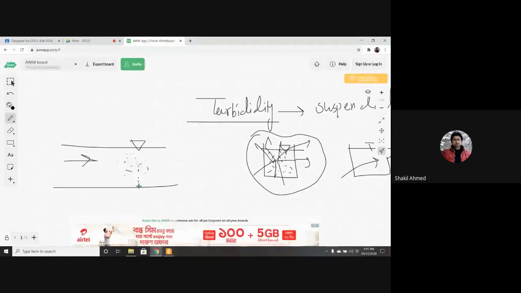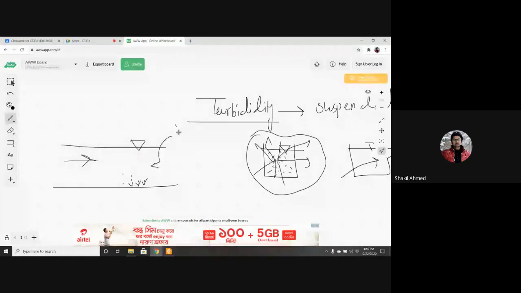They will slowly settle down. And at a time, you will see that majority of the particles has settled down here. So turbidity is low here.